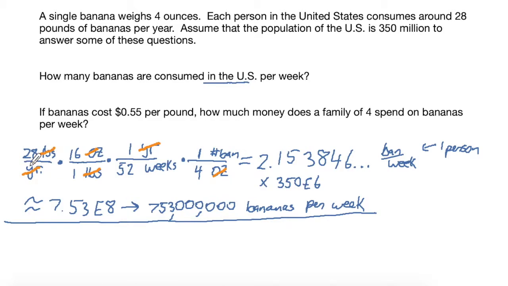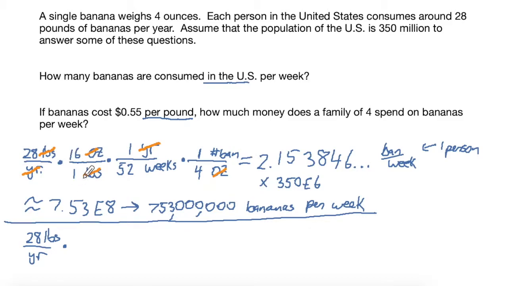We can start at the beginning again. And instead of doing this part here, skip it, because we have price per pound. So we can start off with the 28 pounds. And this would make the calculation much better. How many pounds per week?